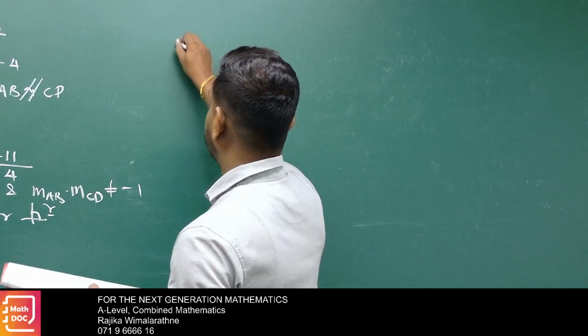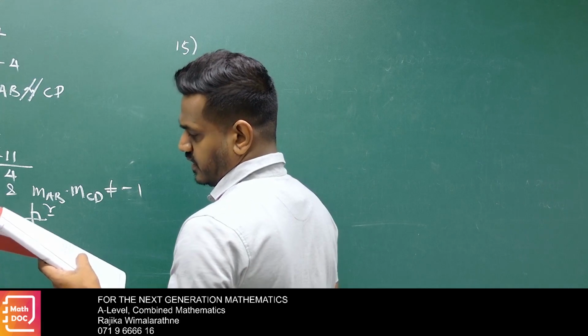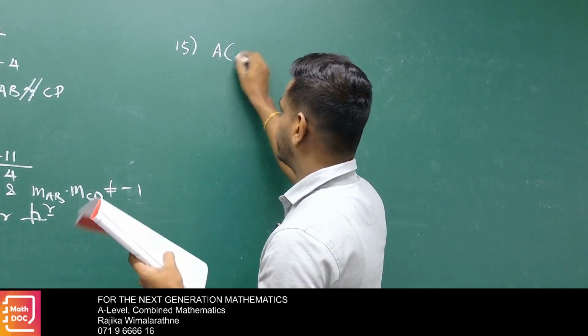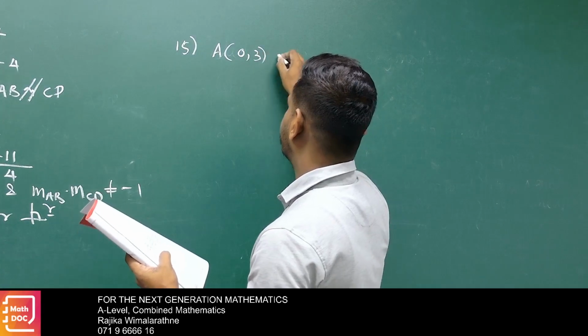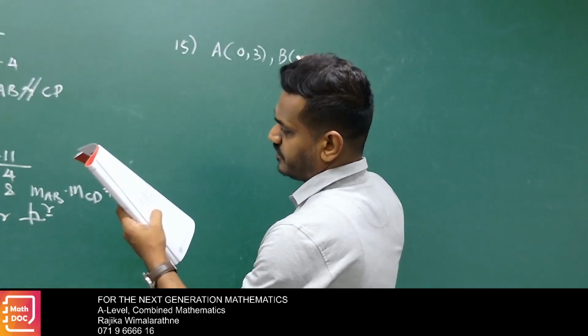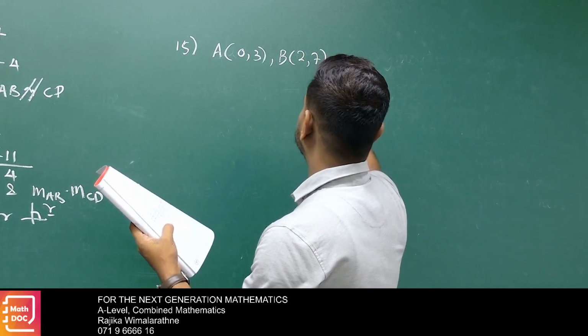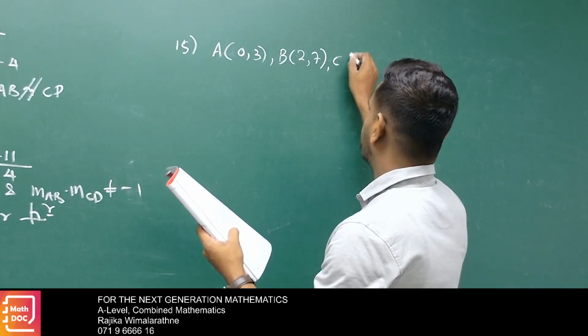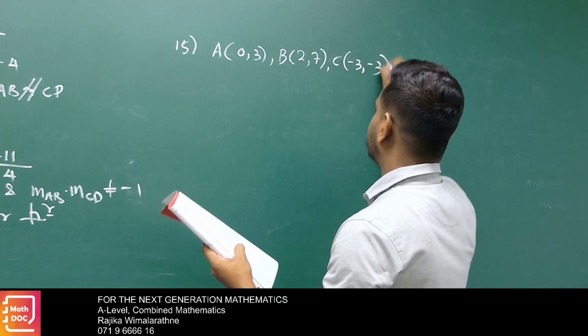Then 15: we have to show that the points are collinear. Let's say A (0, 3), B (2, 7), C (-3, -3).